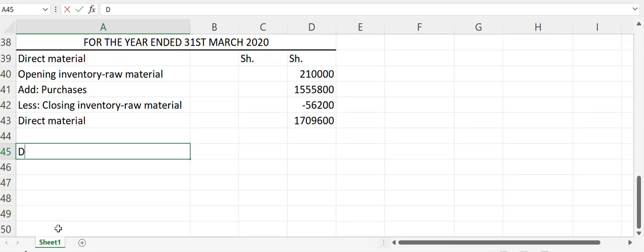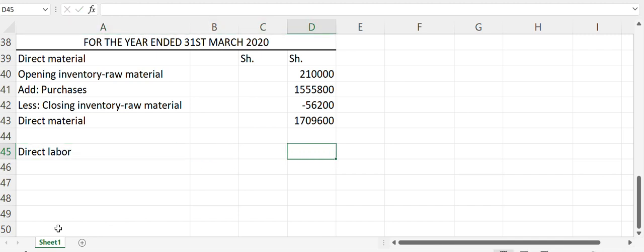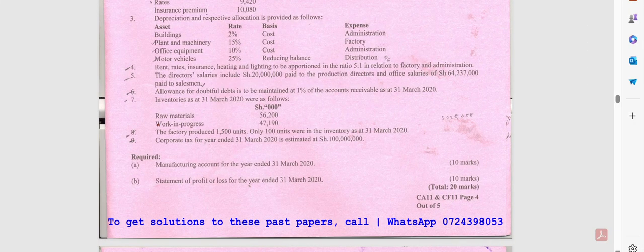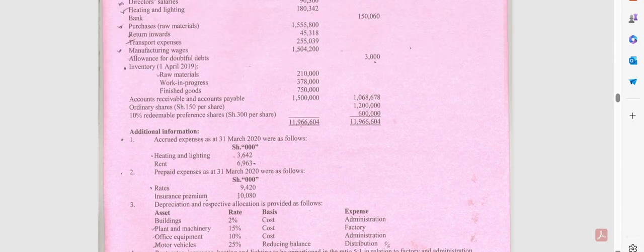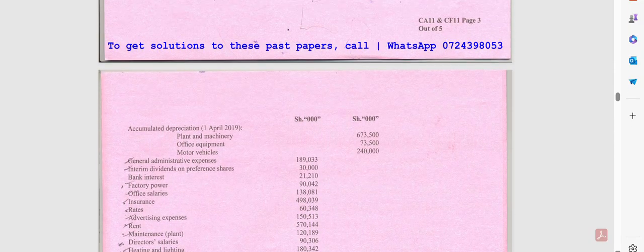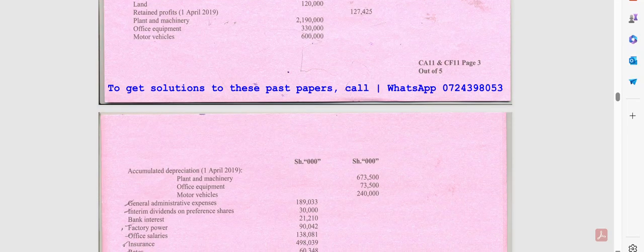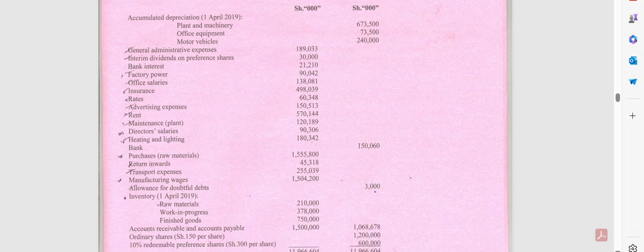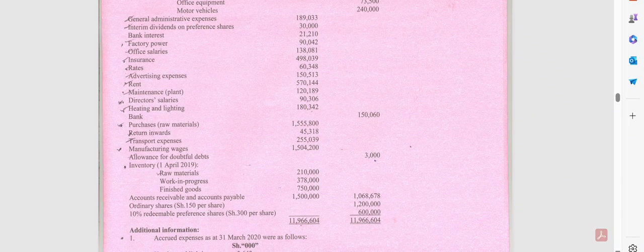Then after that, we go to direct labor. These are the direct wages to people working at the factory. So direct wages, again, you come back here in the trial balance, check for wages. Do we have factory power?